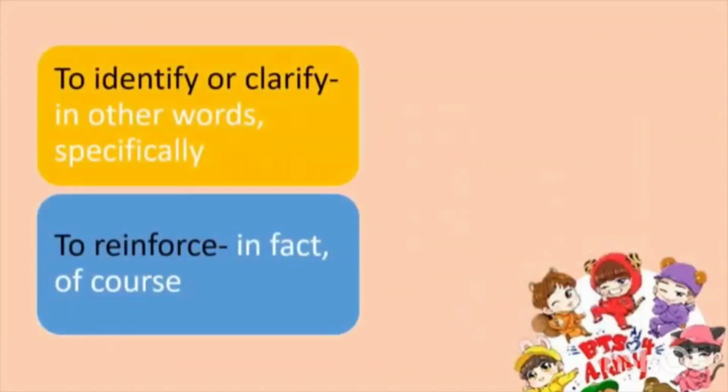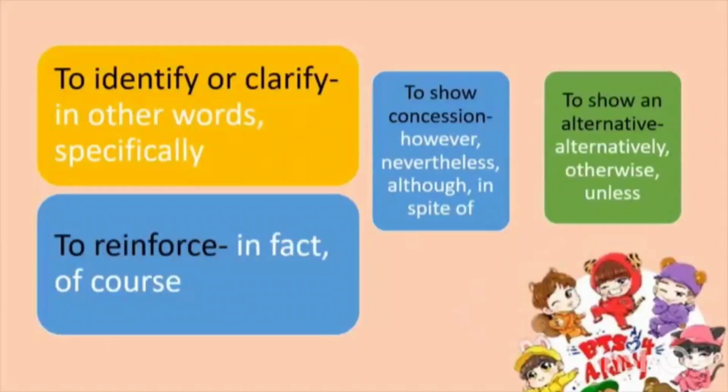To identify or clarify, the connectors are in other words, specifically. To reinforce, the connectors are in fact, of course. To show concession, connectors are however, nevertheless, although, in spite of. To show an alternative, connectors are alternatively, otherwise, unless.